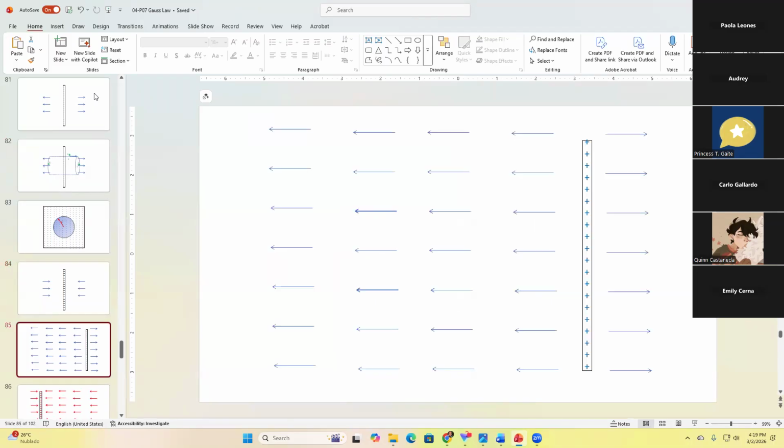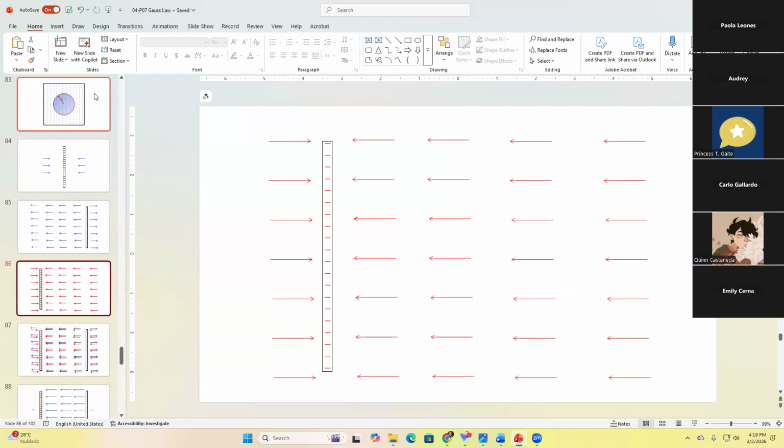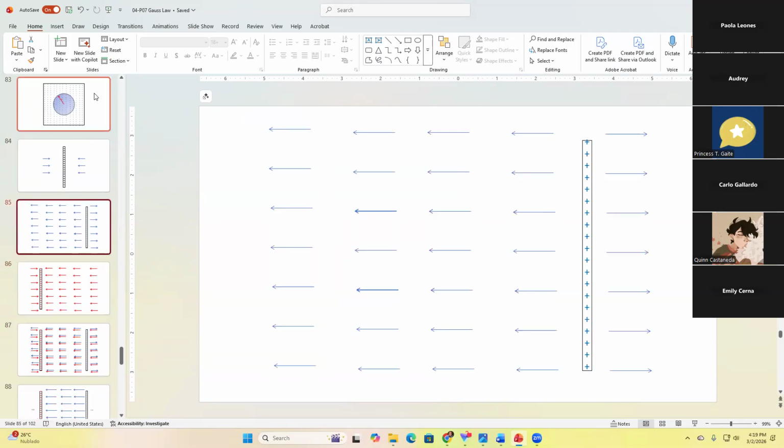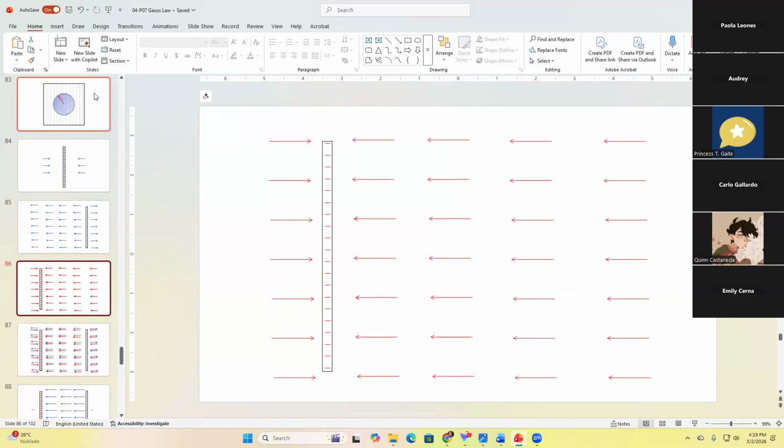Now what I'm going to do is get my positive plate and shift it a little bit to the right. And I'm going to add the negative plate to the left of the positive plate, right? Positive plate, negative plate.